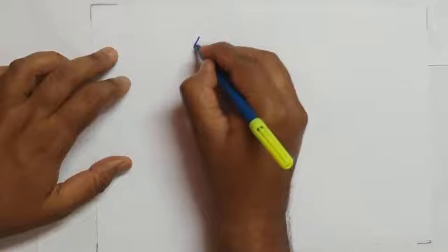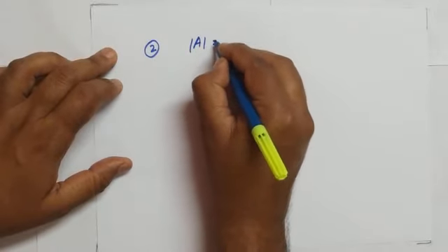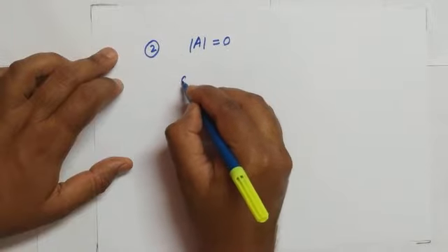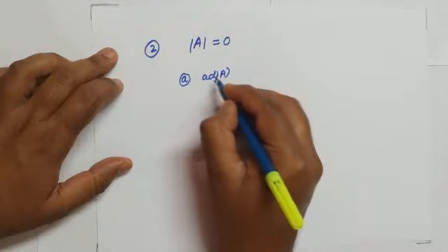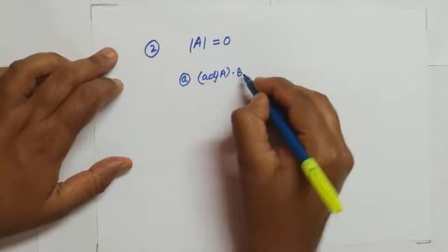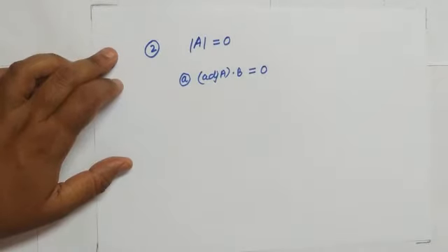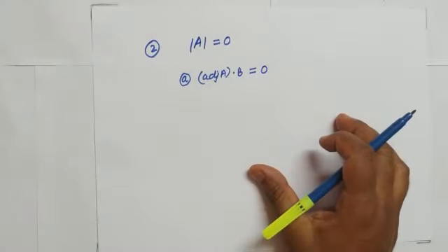And second, when determinant of A is equal to 0, means A is a singular matrix. In that case, there are two possibilities. First one, when adjoint of A multiplied with B is equal to 0. 0 here is not the value 0, it is actually the 0 matrix.